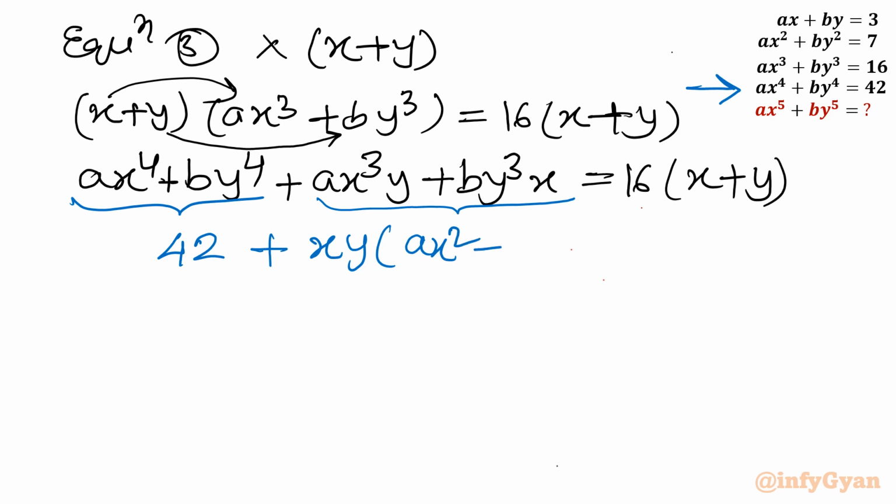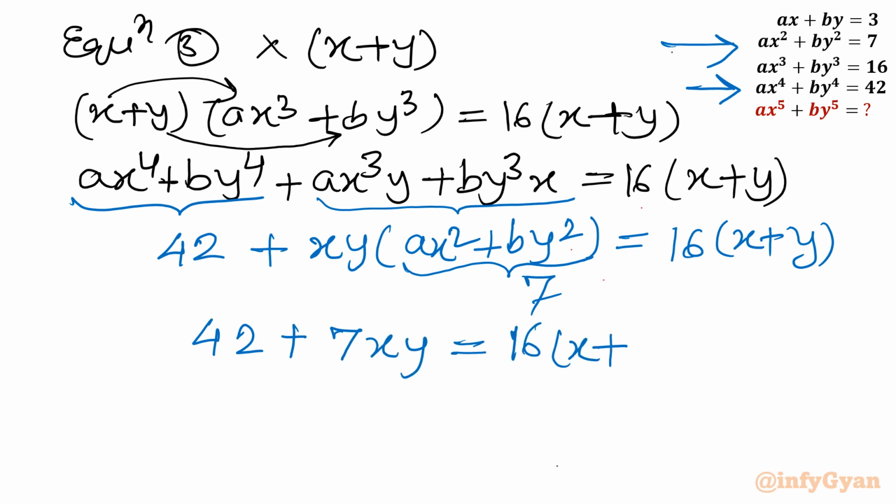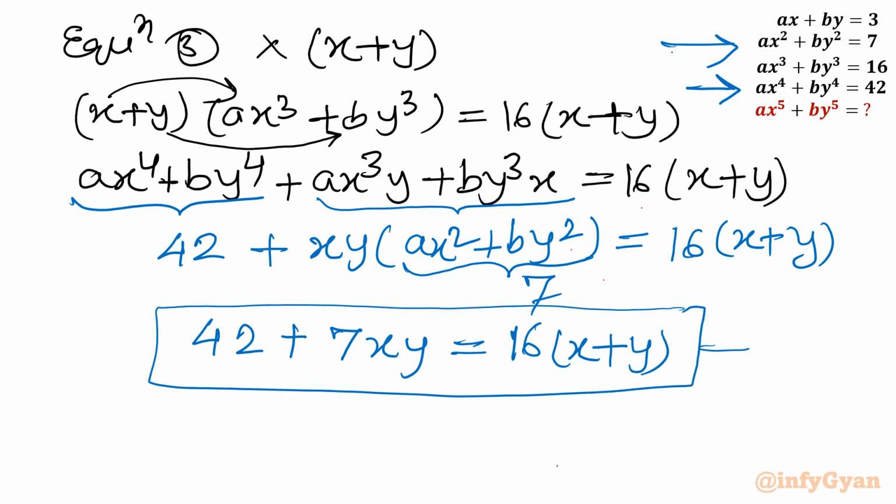Ax square plus by square, which is our equation number 2. So in the next step we can write this value as 7. So the equation will become 42 plus 7xy equal to 16 times x plus y. And this equation I will call equation number 7.